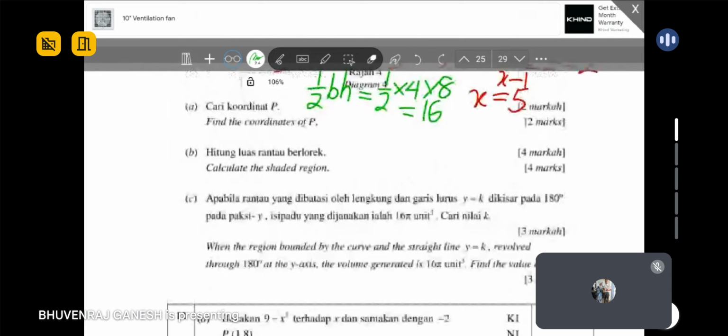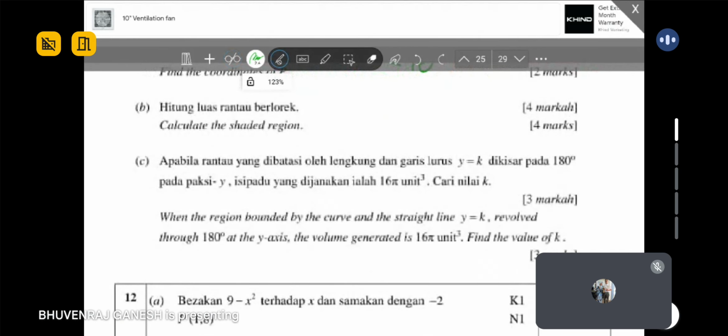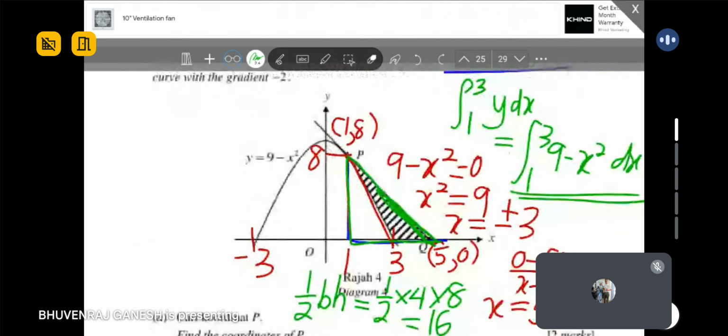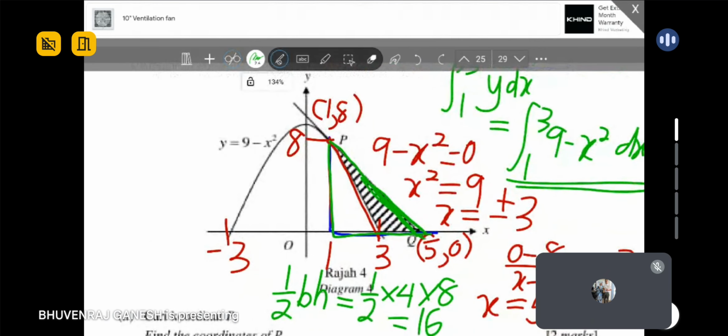Okay, so just normal. Okay, so now this question, they ask you to find the value of K. So they tell you the volume 16 pi. Okay, so for this one, you need to find the region first. So they say curve and straight line y equal to K. Lengkung dan garis lurus. Okay, so for y equal to K, basically you can draw anywhere lah.